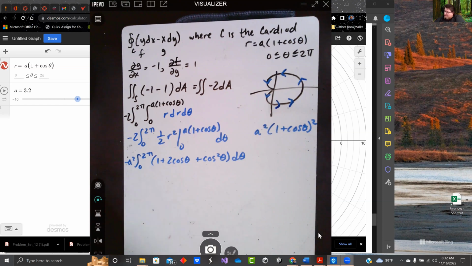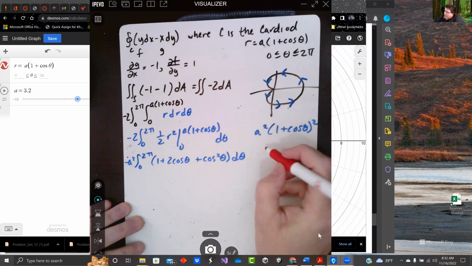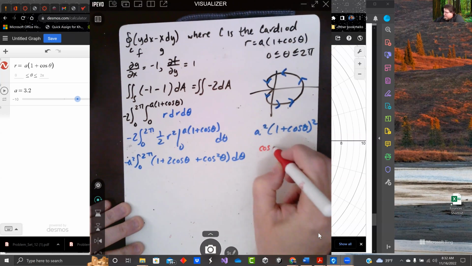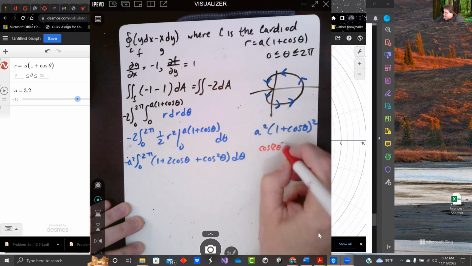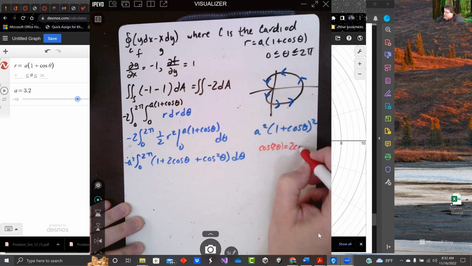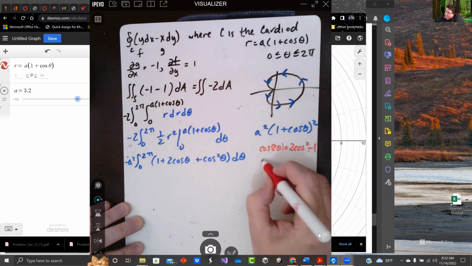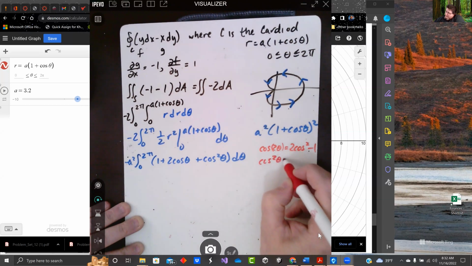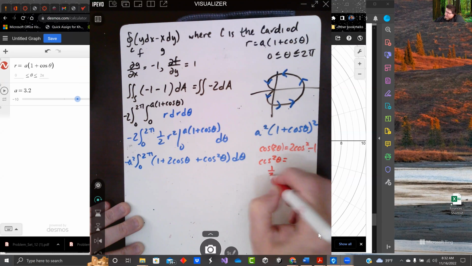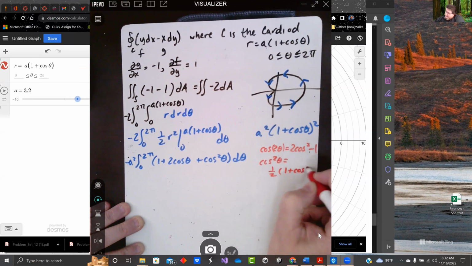Okay, so that looks kind of crappy. The cosine squared kind of sucks, but recall cosine 2 theta is 2 cosine squared minus 1. So cosine squared theta is 1/2 times 1 plus cosine 2 theta.